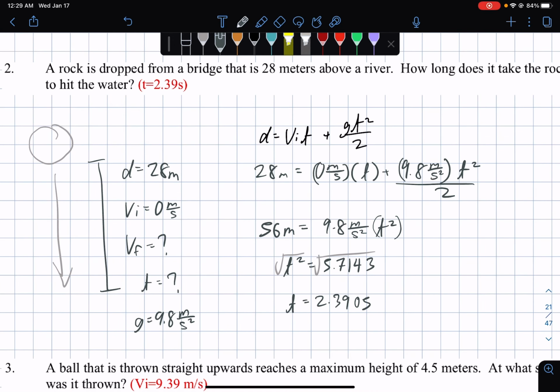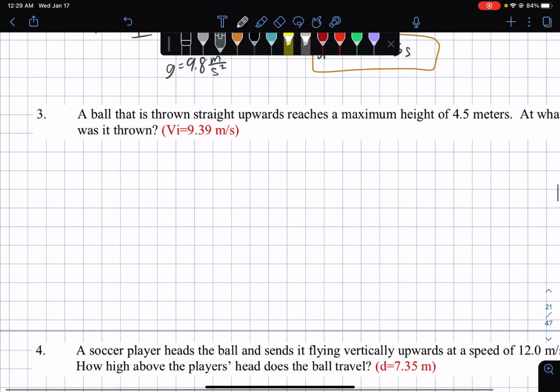Oh yeah, don't forget the unit. Seconds squared. We have seconds. So 2.39 seconds. We have the same answer as the answer key. That is good.